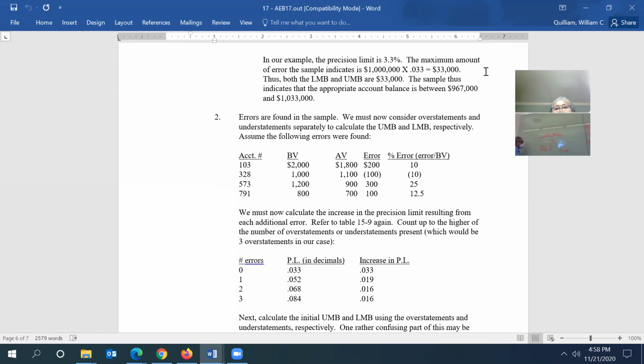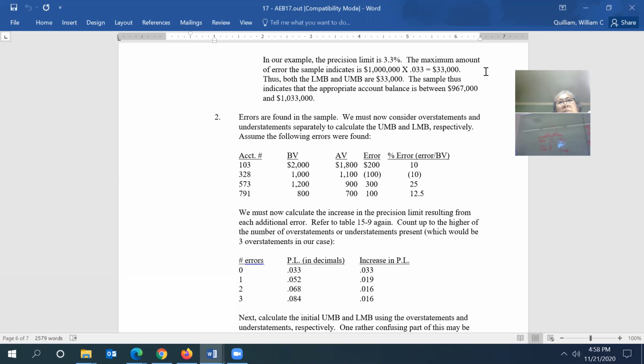So we can have a lower misstatement bound or lower confidence limit of 33,000 below, or an upper confidence limit or upper misstatement bound of 33,000. So we're saying that the true population value of this statement could range from an understatement of 33,000 to an overstatement of 33,000.